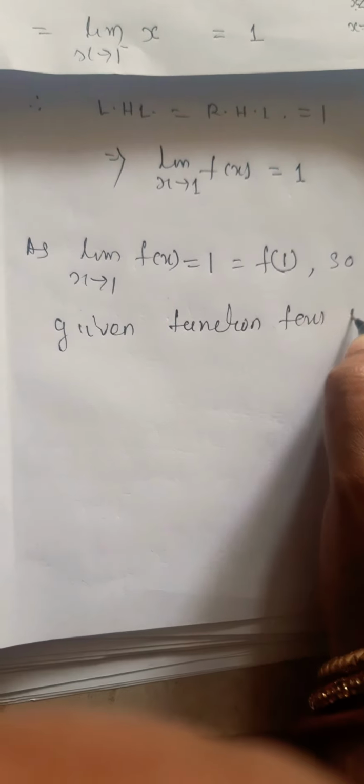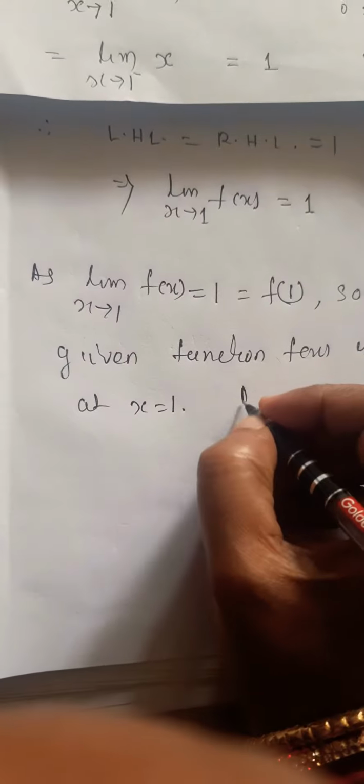So just write here that as limit x tends to 1 f(x) is equal to 1, which is equal to f(1), the given function f(x) is continuous at x equal to 1. This is our required answer.